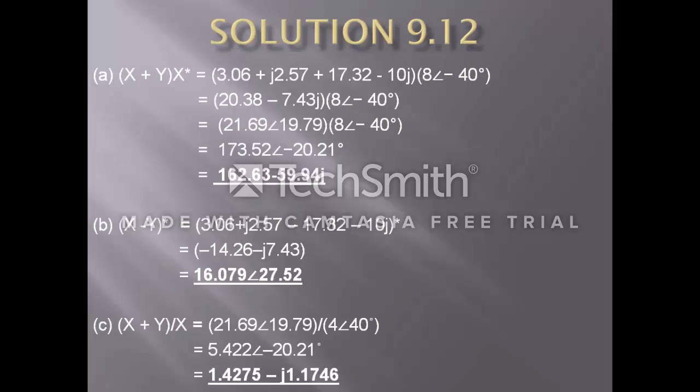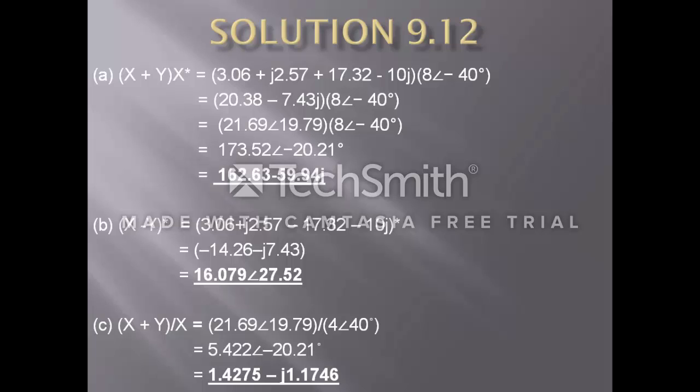So moving to the solution of this question, 9.12. A part is x plus y multiplied by x conjugate. It is 3.06 plus j 2.57, changing it from polar to rectangular form, and same with y, changing it from polar to rectangular form.